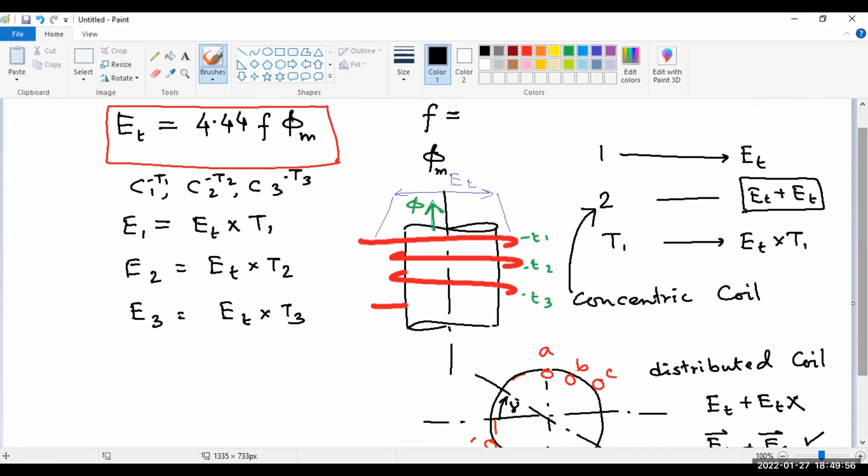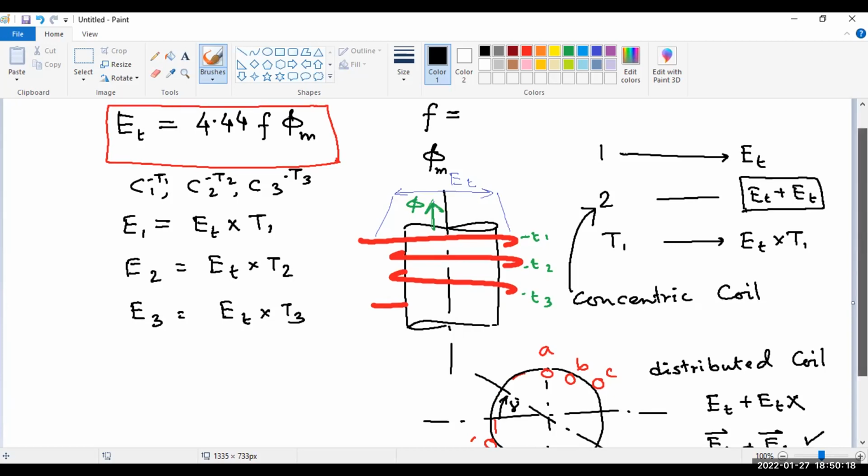Therefore, it is possible to add them for T1 number of turns, or T2 turns, or T3 turns, as if they are piling up. So if we have ET for one turn, we will have ET into T1 for T1 number of turns.